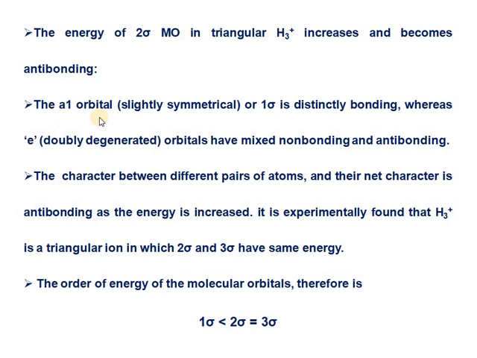The A1 orbital is a slightly symmetrical orbital, and therefore this 1σ is distinctly bonding, whereas E is a doubly degenerate orbital, a mix of non-bonding and anti-bonding molecular orbitals.